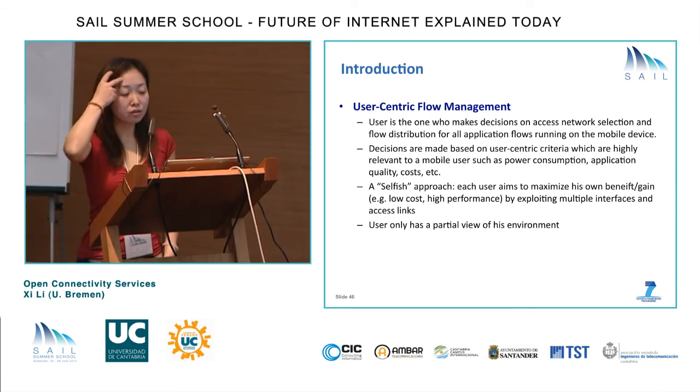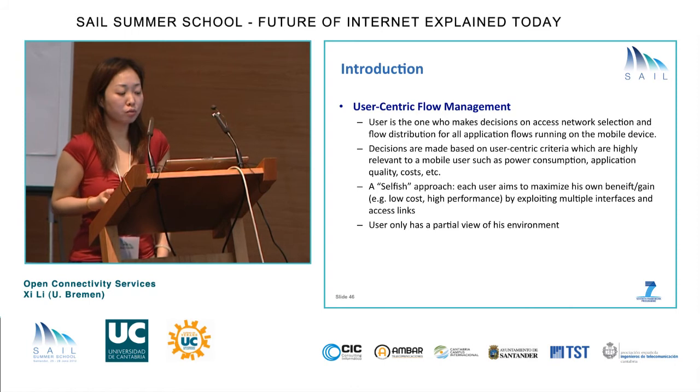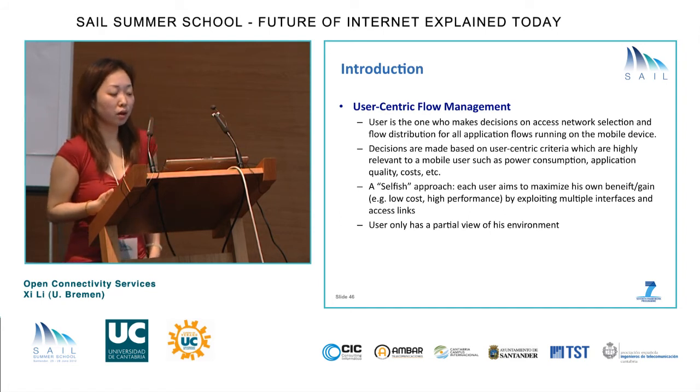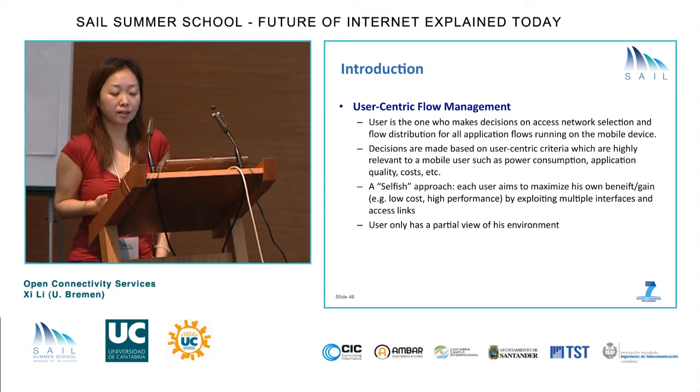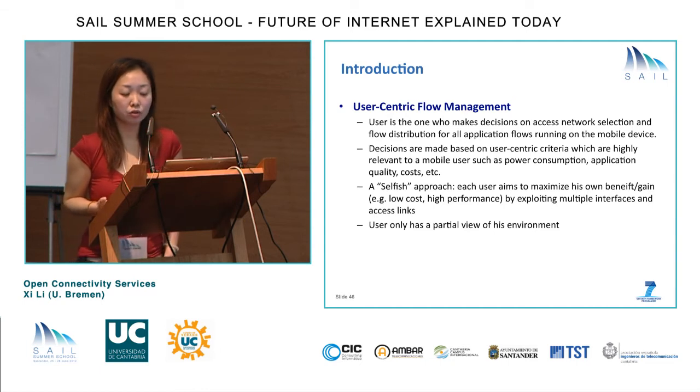As I mentioned earlier, the user-centric flow management approach is more about considering the requirements of the users, and in this case, the user is the one who makes the decision on the access network selection and distribution of the application flows. The criteria are mainly user relevant.